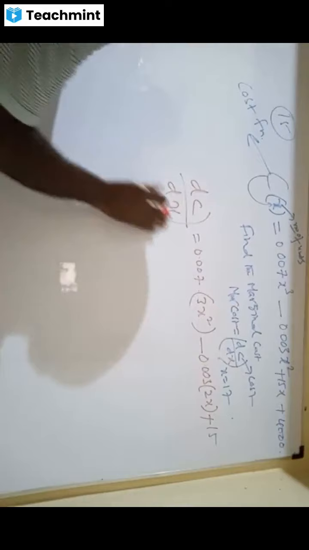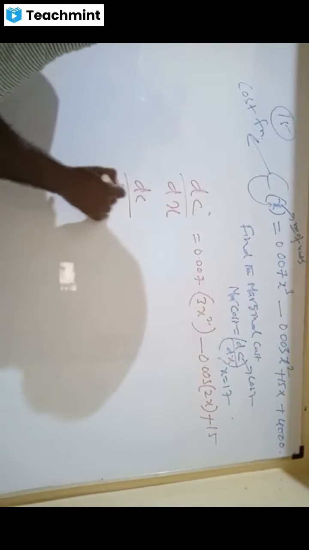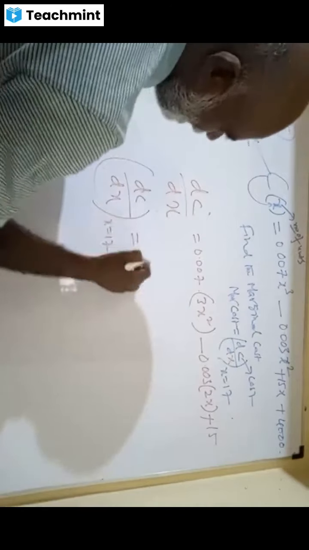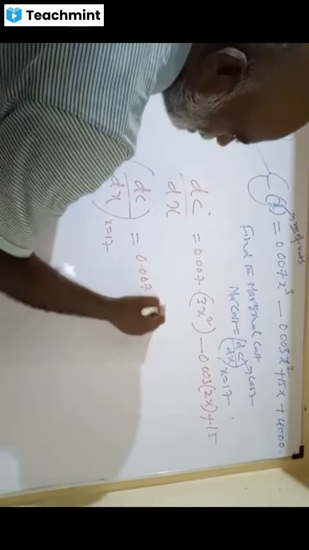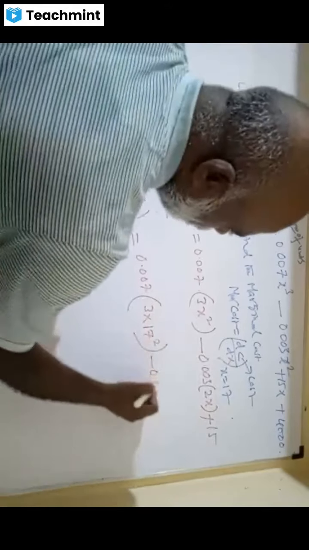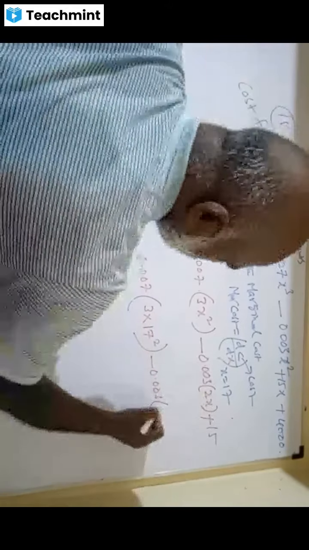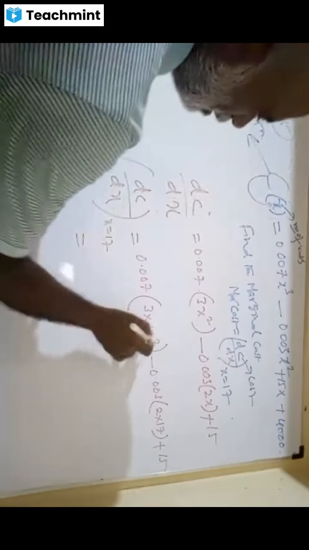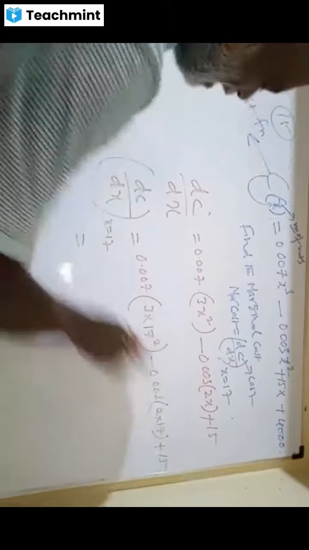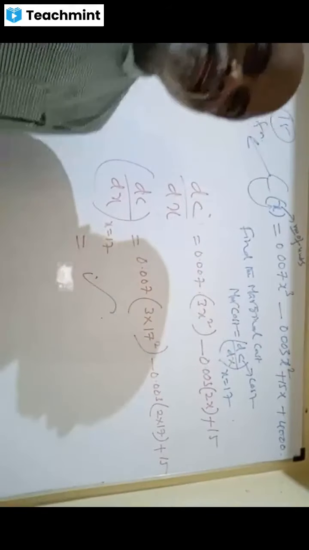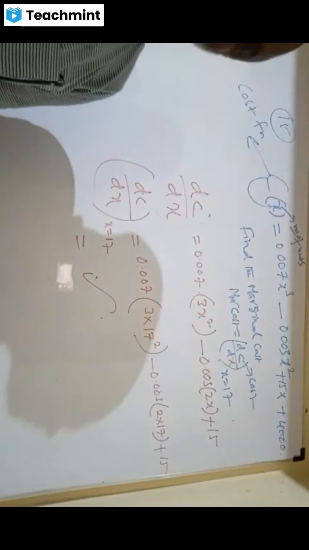At x equal to 17, dc by dx is 0.007 times 3 times 17 square, minus 0.003 times 2 into 17, plus 15. Just multiply and you get the final answer. Let's not waste time on that. Is it clear? Yes, sir.